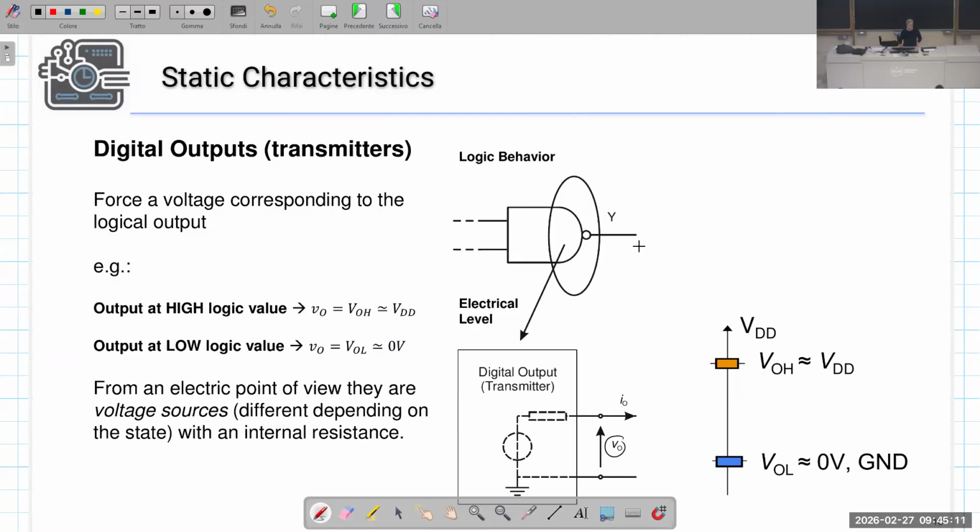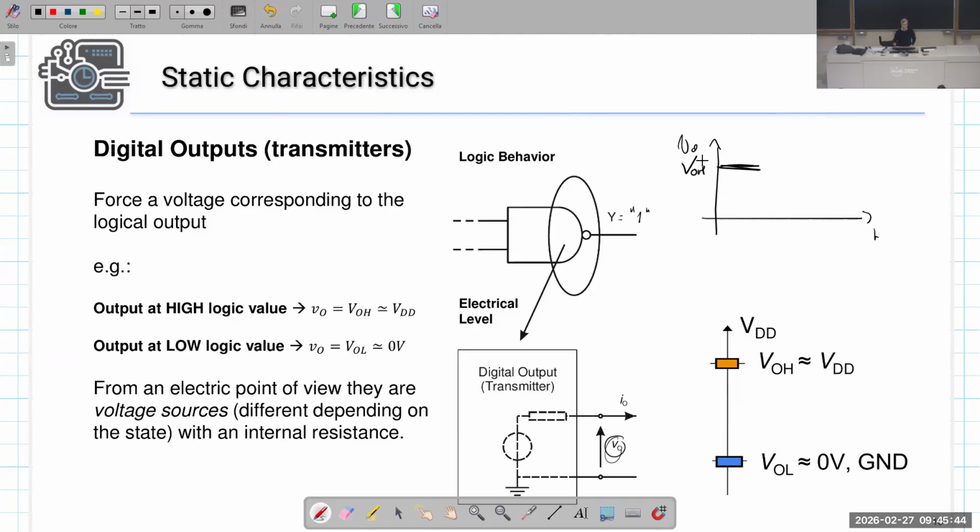Actually, what is typically done, to the high logic level, that is when the output of our logic gate should be 1, the corresponding electrical signal which is forced by the output is a voltage, forced at a voltage which is called VOH.